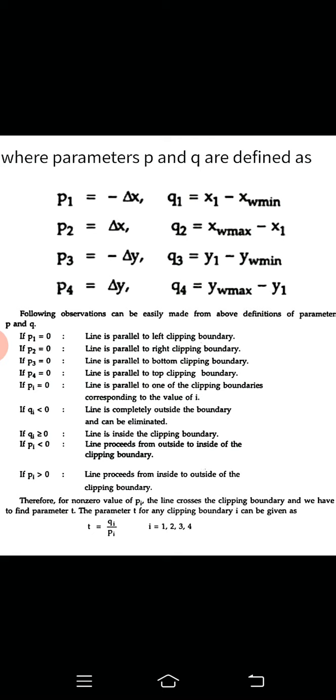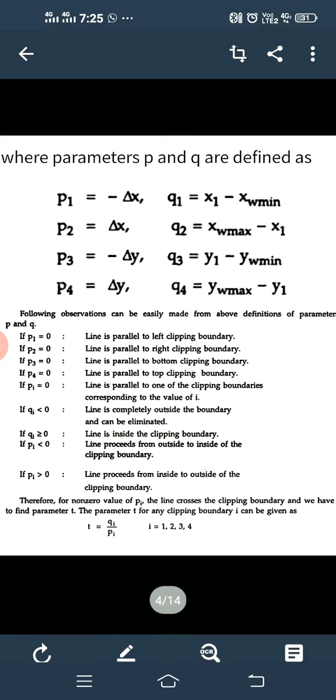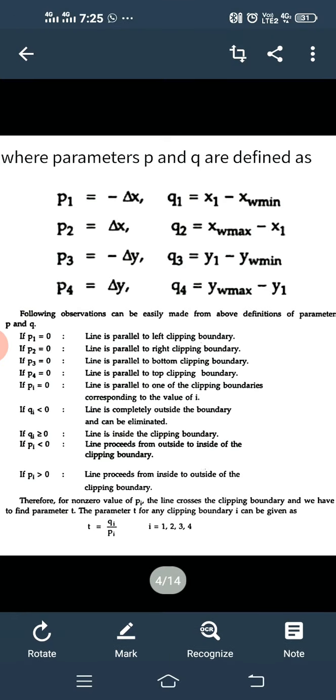If p1 equals 0, that is i equals 1, what does it denote? The left clipping boundary. So if the value of p1 is 0, we can say the line is parallel to the left clipping boundary.